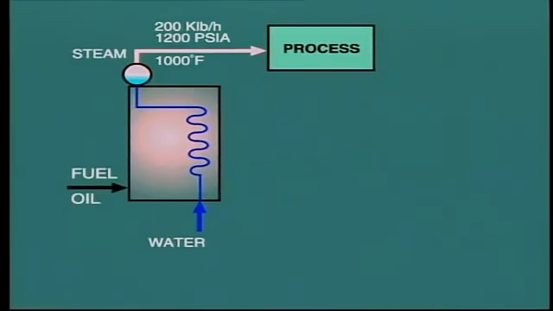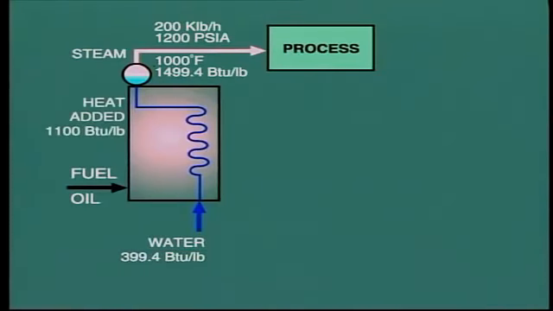Well, looking at the steam tables, we find that the enthalpy in the steam leaving the boiler is equal to 1499.4 BTU per pound. Let us assume that the water entering the boiler contains 399.4 BTU per pound. This means that we need to add 1100 BTU to each pound of water passing through the boiler.